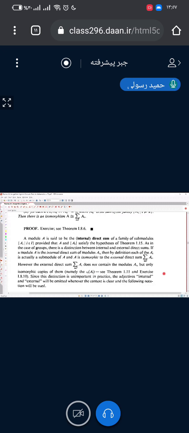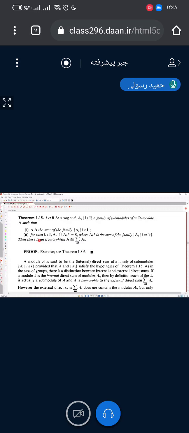The next theorem says: let R be a ring and I a family of submodules of an R-module A such that A is the sum of the family A_i, and for each k in I, A_k intersection A_k star equals 0, where A_k star is the sum of the family A_i, i not equal to k.